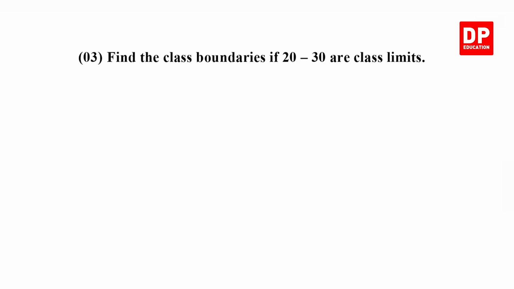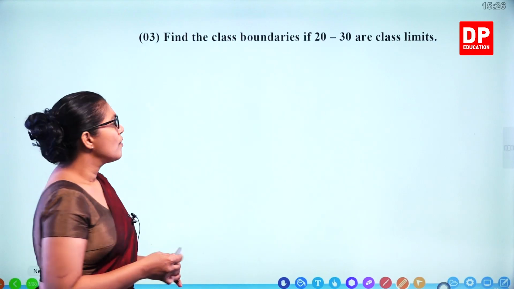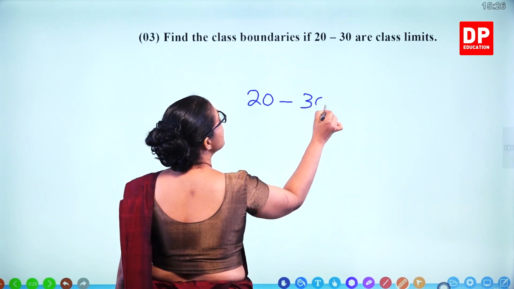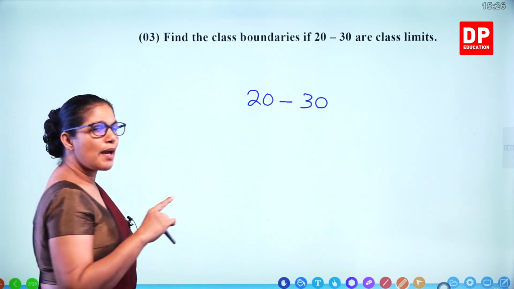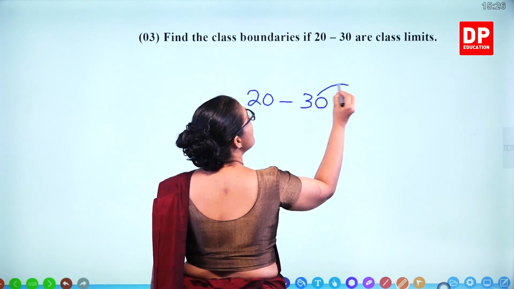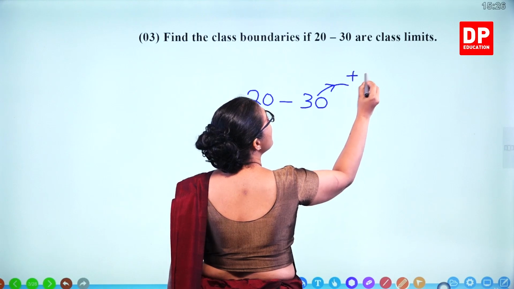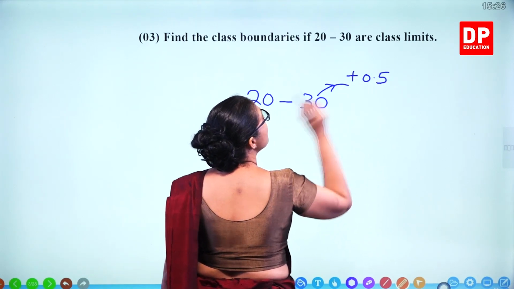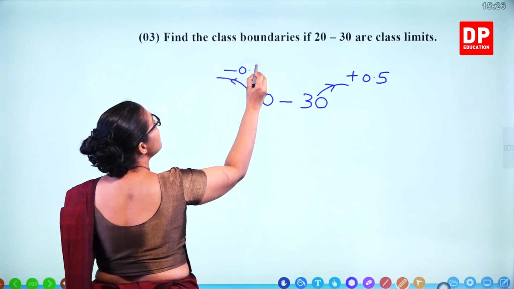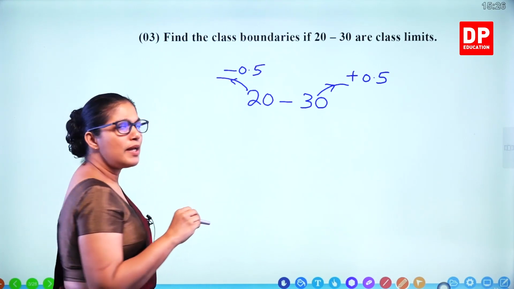Question number 3. Find the class boundaries if 20, 30 are class limits. So this is the lower limit. This is the upper limit. Then what happens? You always take the addition of 0.5. So add 0.5 to get the upper boundary. Subtract 0.5 to get the lower boundary.